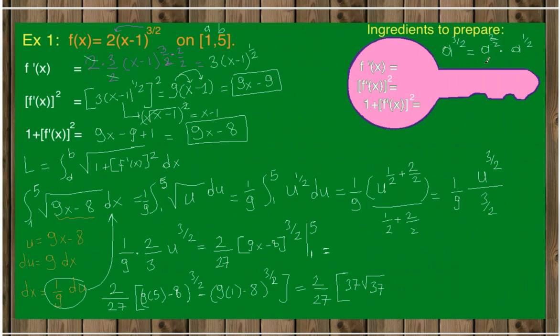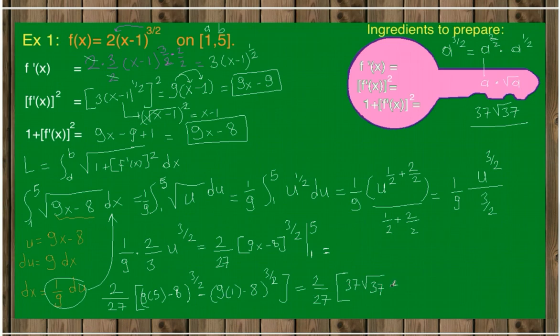So a to the first power is a, times a to the 1/2, which is square root of a. So anything raised to the 3 over 2 is a square root a type of term. Here in our case, it is 37, so 37 root 37.